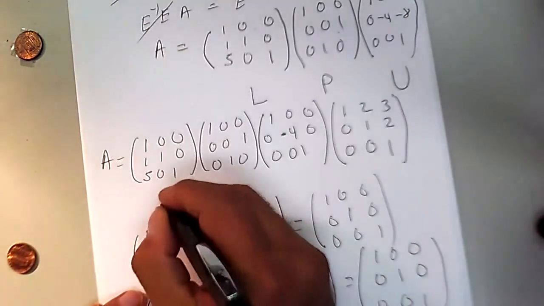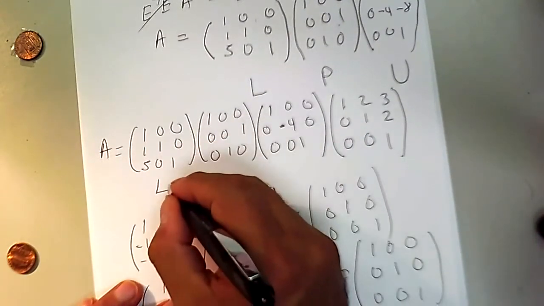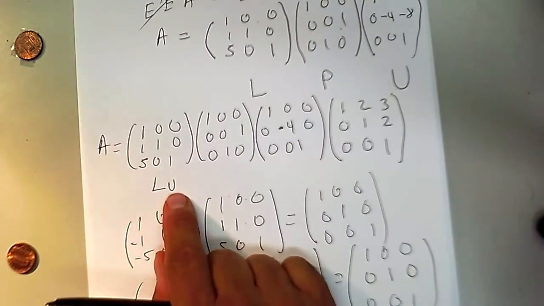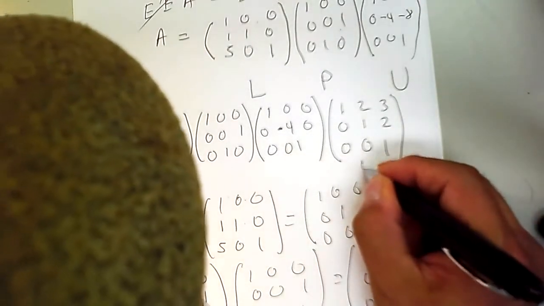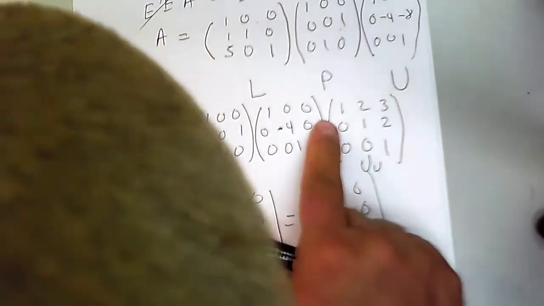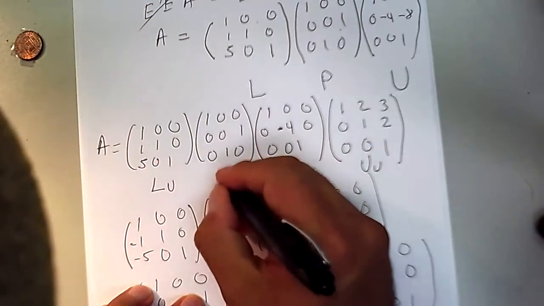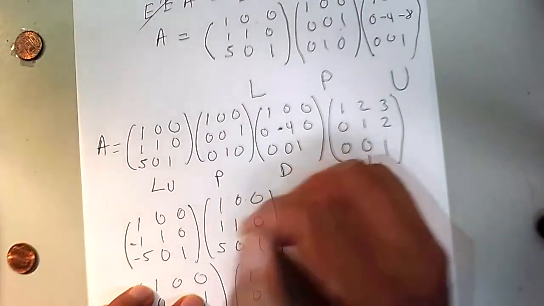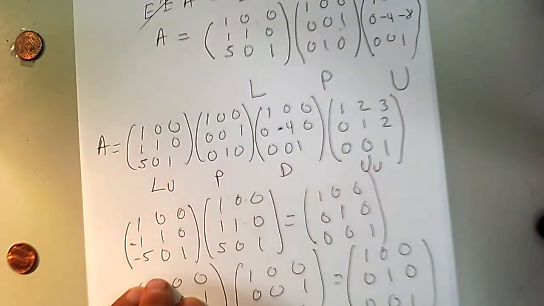So we end up with a lower unit, I'm going to say L U, little u, so lower unit triangular matrix. Upper unit triangular matrix, so ones. A permutation matrix and a diagonal matrix. So we are able to factor A into that.